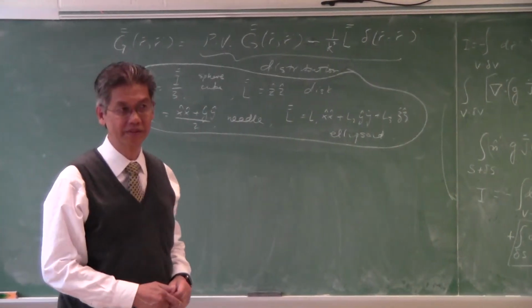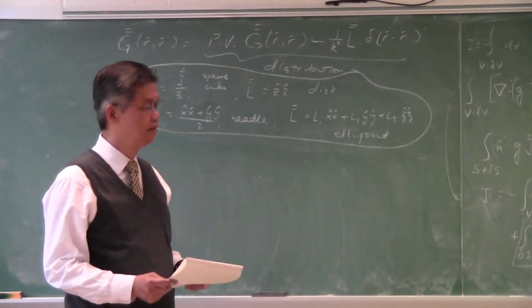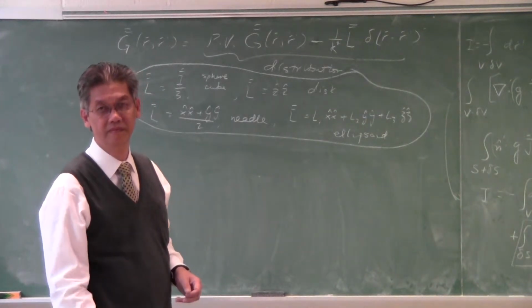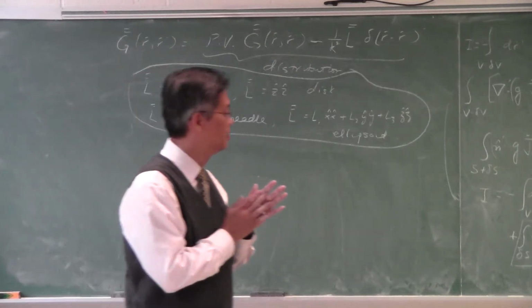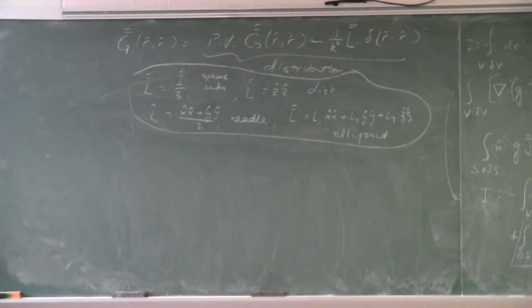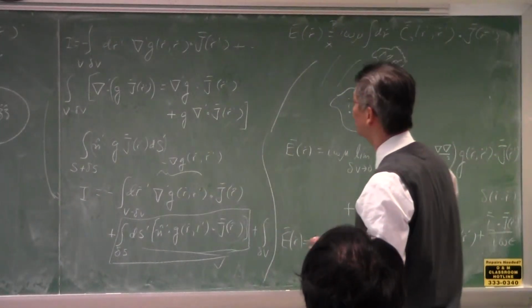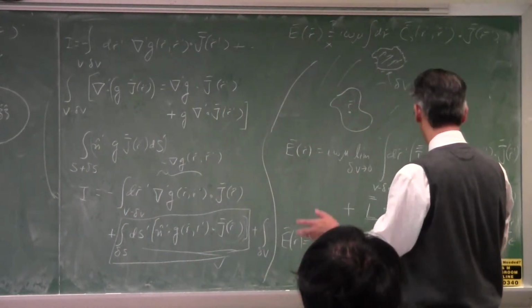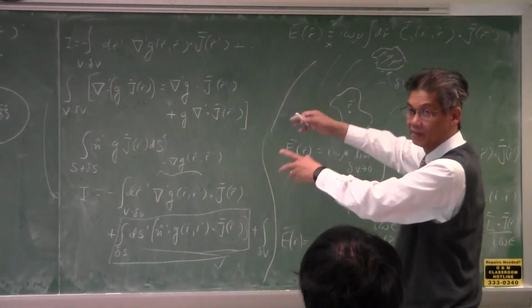Are there any other questions? Yes? When you derive this form of the dyadic Green's function, you use the gauge. So if sometimes we need to use a different gauge, does that mean we have to have extra terms if we use this way to solve for the E field? Yeah, the gauge will not change the form of the E field. I wrote down the expression for the E field at the final end. That final form does not depend on the gauge. If an extra term comes from somewhere, it always cancels.